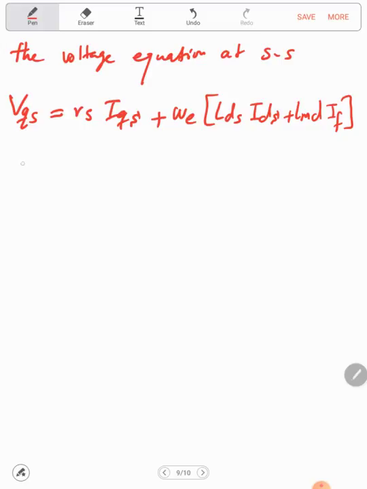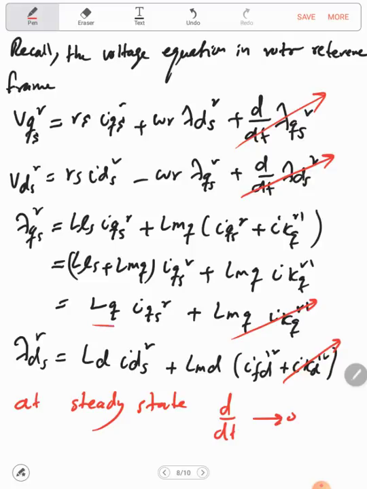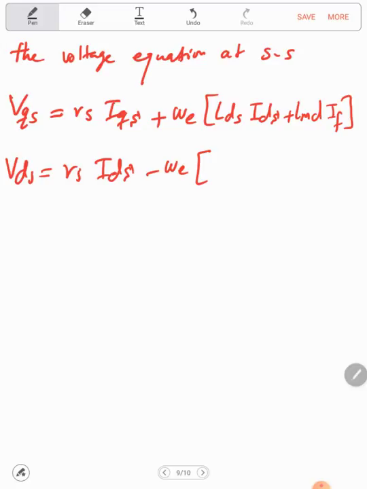Now the same thing here, VDS will equal RS IDS minus omega E, and instead of lambda QS we have only this term, which is the LQS IQS.